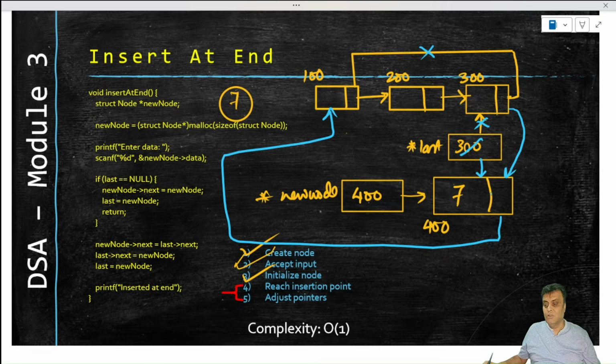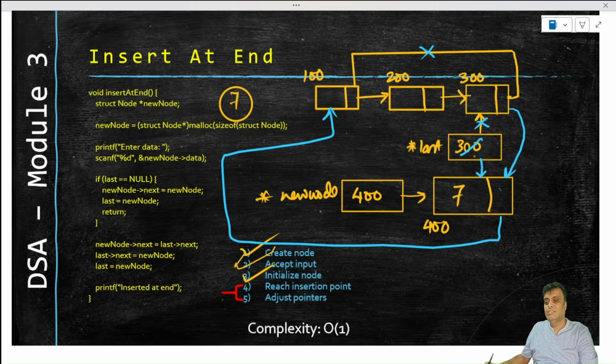So let's talk about new node next, this particular element. New node next, where does it go? Our new node next should go to our last next, right? So why is it so? See, my last, my bad, last is 300.